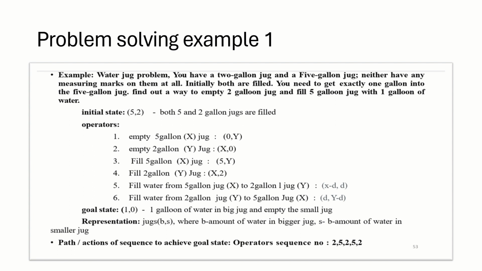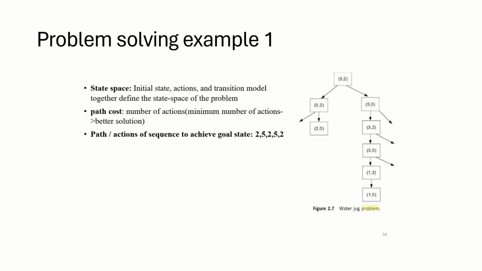So these are all the possible 6 actions. The goal state as specified in the question is that the 5-gallon jug must be filled with exactly 1 gallon of water and the 2-gallon jug must be empty.